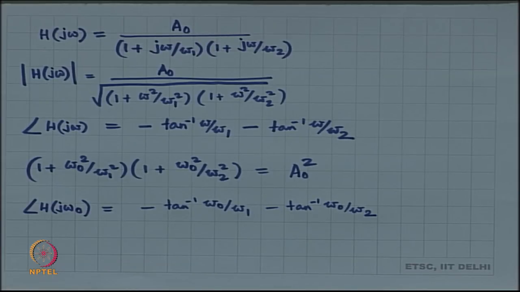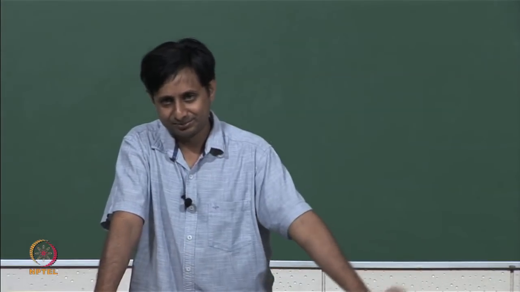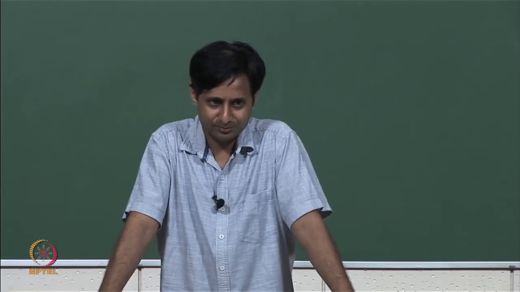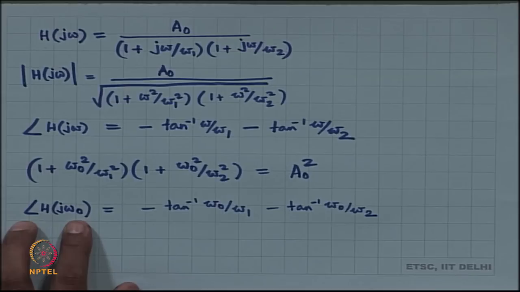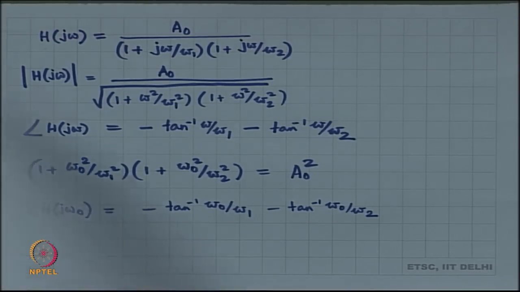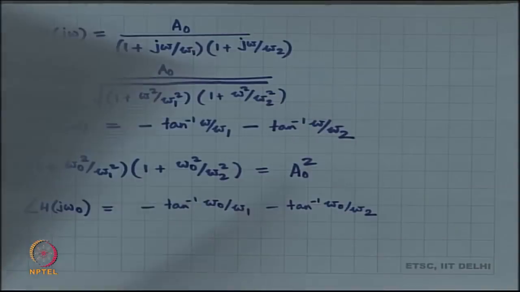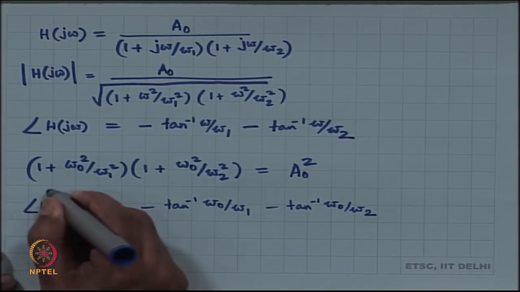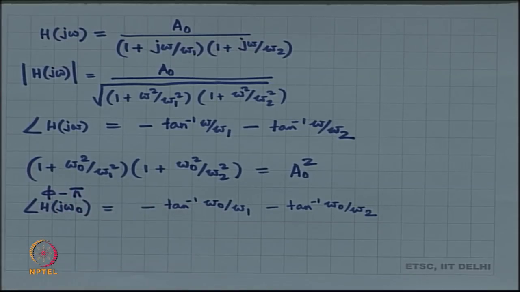And now I am going to do something very special, I am going to take cos of both sides of this expression. So, first of all I want angle h of j omega naught to be equal to phi minus pi. Alright, this is what I want it to be equal to.